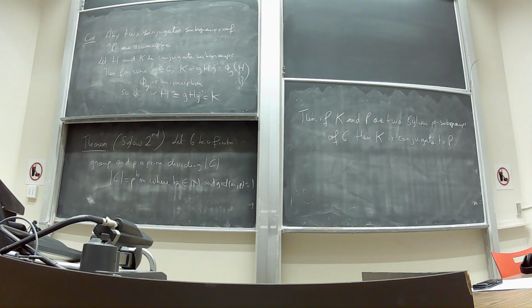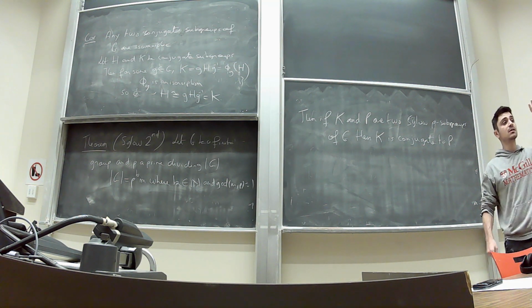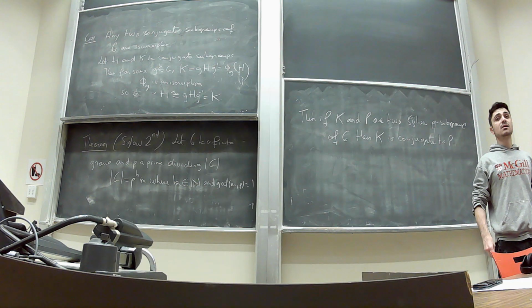So if you have a group of order 24, how can you factor 24? The primes: 2 cubed times 3. So in a group of order 24, what is the size of the Sylow 2-subgroups? The maximal power of 2 that divides 24 is 2 cubed, which is 8.